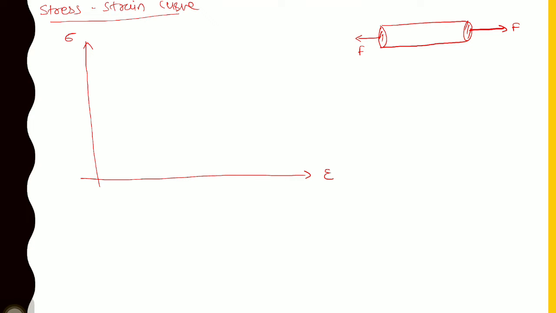So initially this represents a straight line from this point O to this point A. When the force is up to some limit, the stress is directly proportional to strain. That is Hooke's law. So on the graph O to A, sigma is directly proportional to epsilon. This is Hooke's law.